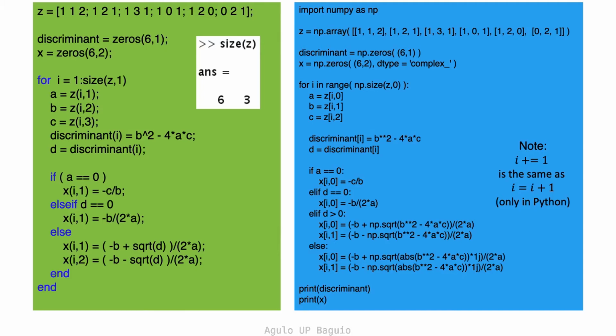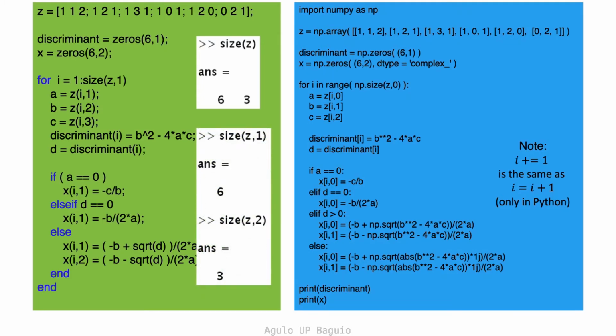So if you type size z1, it will give you 6, and if you type size z2, it will give you 3. Since I need the for loop to terminate after 6 loops or iterations, then I type in size z1. Thus, the for loop begins at I equals 1 and ends at I equals size z1, or I equals 6.